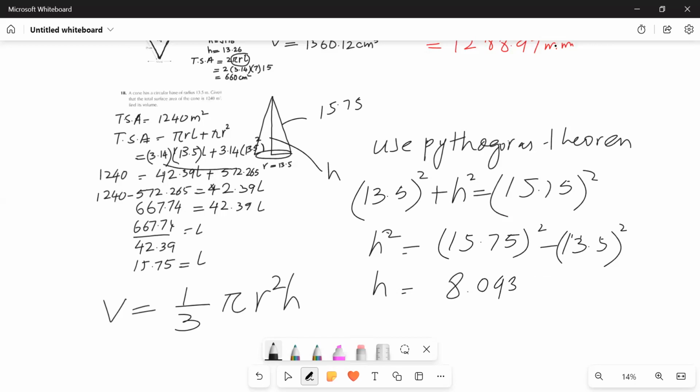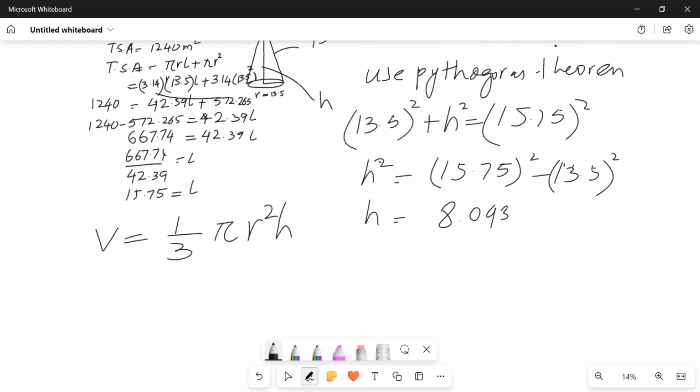Is it? Because we have to take the square root at the end. Yes, Zara. You're getting the same? Hello? I'm getting 8.093. Okay, then it means it is correct. Now the H value is 8.093.